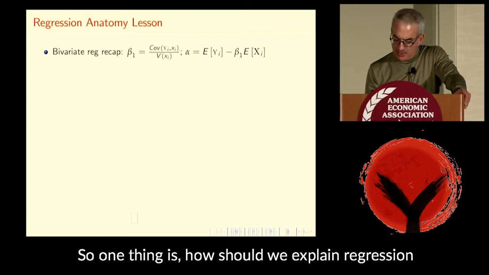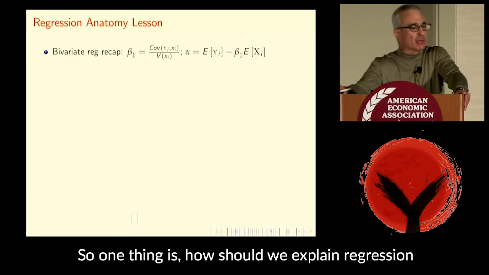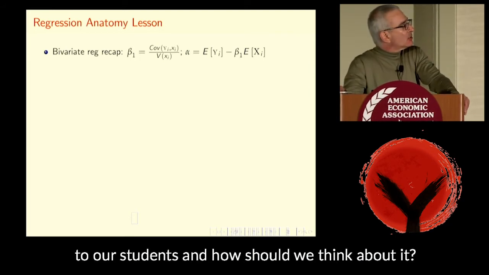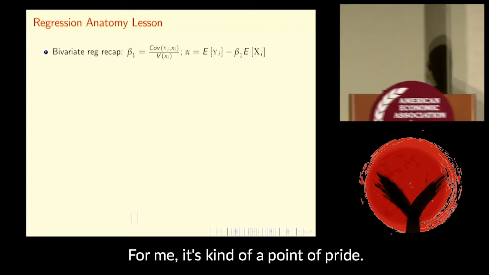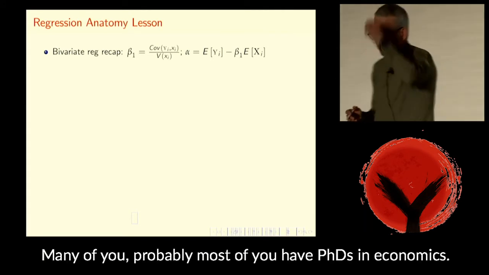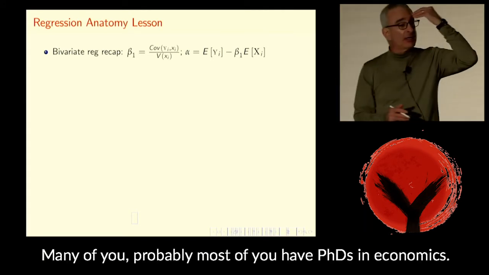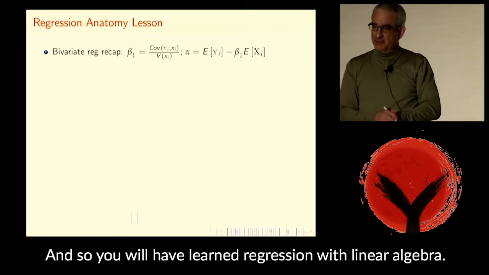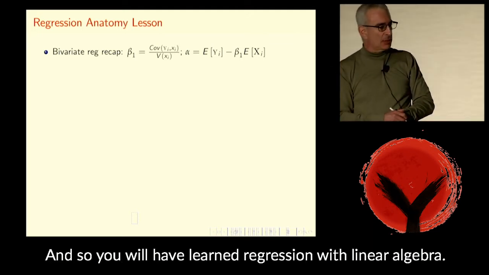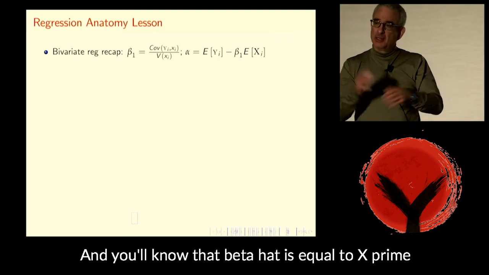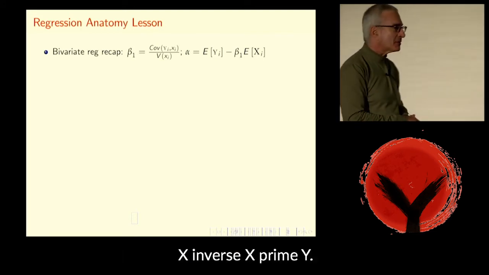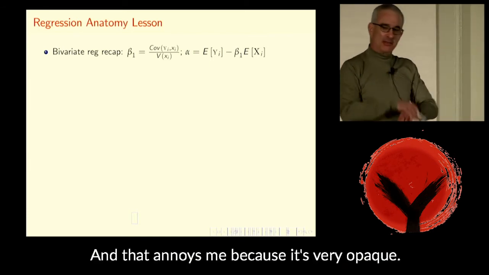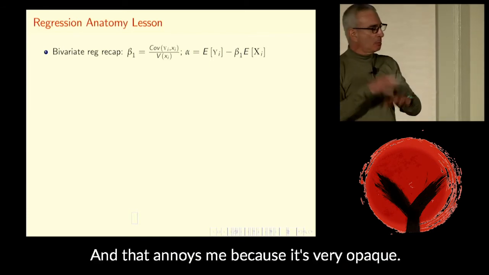So one thing is, how should we explain regression to our students, and how should we think about it? For me, it's kind of a point of pride. Many of you, probably most of you, have PhDs in economics, and so you will have learned regression with linear algebra. And you'll know that beta hat is equal to (X prime X) inverse X prime Y. And that annoys me because it's very opaque.